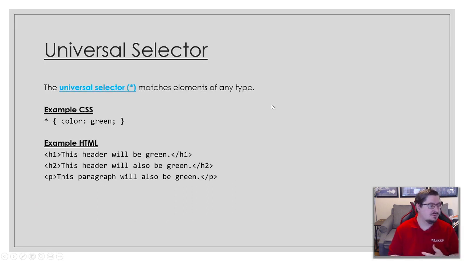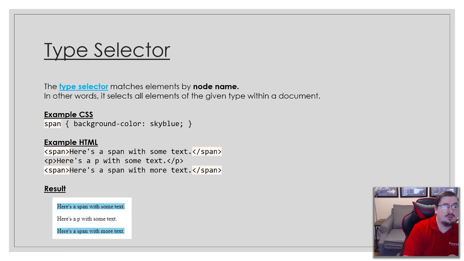So the universal selector matches anything of any type. So for instance here, if I say star, so I'm going to apply it to everything, I want to change the color to green, that would change all three of these elements to green. So here we've got this H1, this H2, and the paragraph. All three of those would be green because I told it to apply to everything.